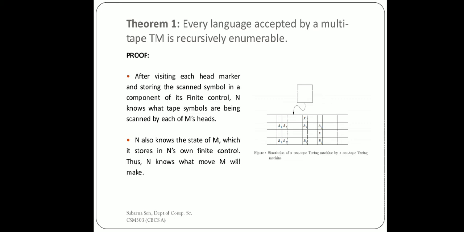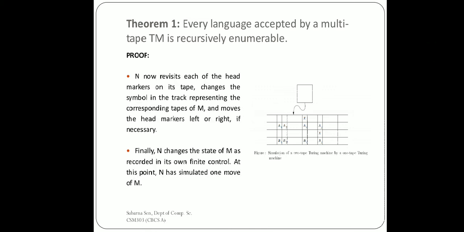First track, third track, fifth track, in this fashion. So N also knows the state of M, which it stores in N's own finite control. Since it can study where the head of every tape of M is located, it also knows which state it is in now, right? From the initial state where it has gone, from that state where it will go, right? So everything will be known to N.